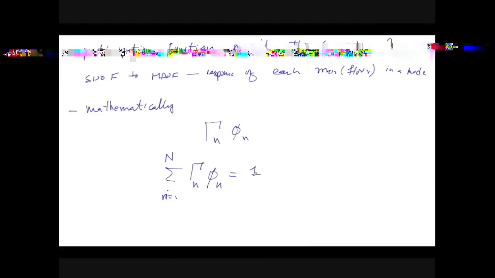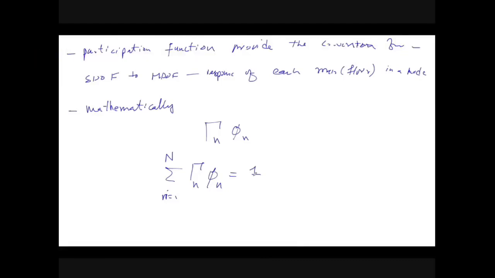When you combine the participation functions, it means that your calculations are correct up to this point. And 1 means that there is a 100% contribution when you sum the total modal combination.